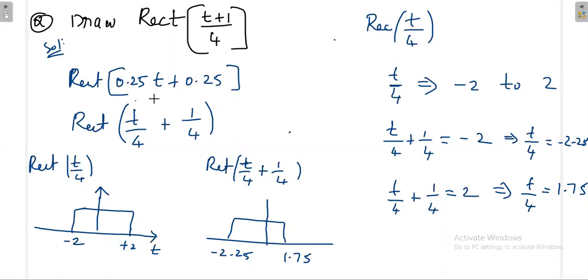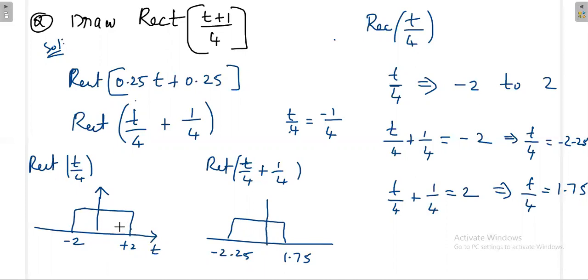Or otherwise, by the other method, rectangular t by 4 is the original signal, and t by 4 is the original time. Then you are applying some shifting, the shift is 1 by 4. So once t by 4 plus 1 by 4 is equal to 0, then t by 4 is equal to minus 1 by 4.